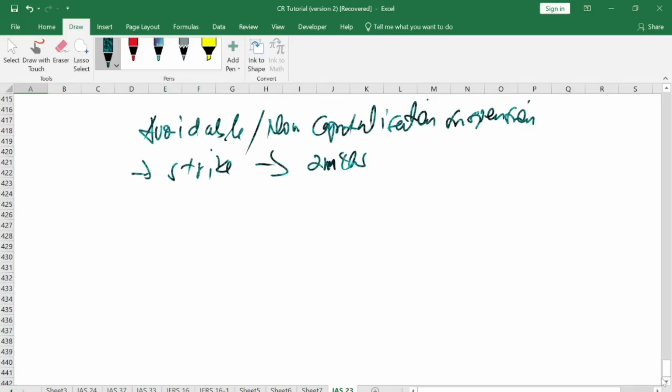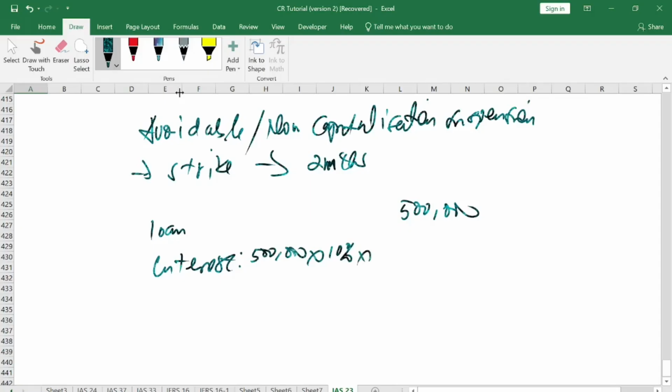So you will have it here. You have your loan, 500,000. Your interest, how much do you calculate? Your interest is 500,000 multiplied by the interest rate, 10%. Then you multiply by how many months are left that can be capitalized.